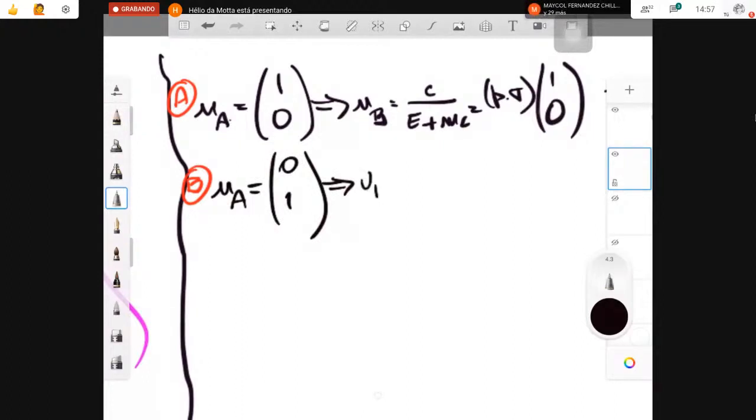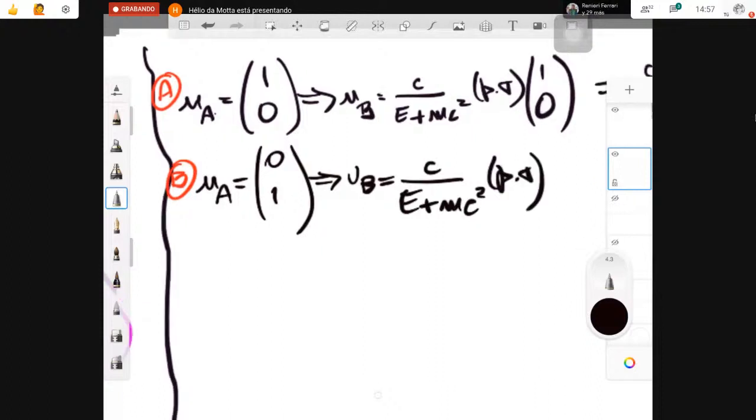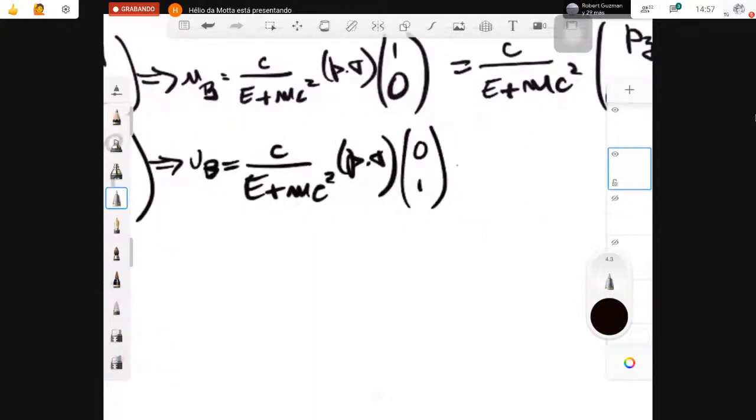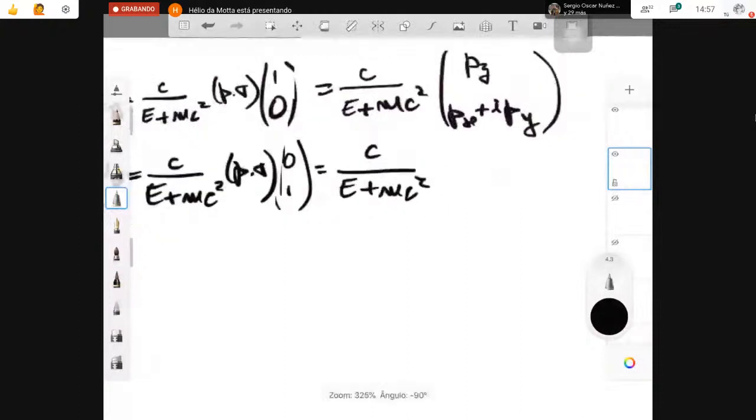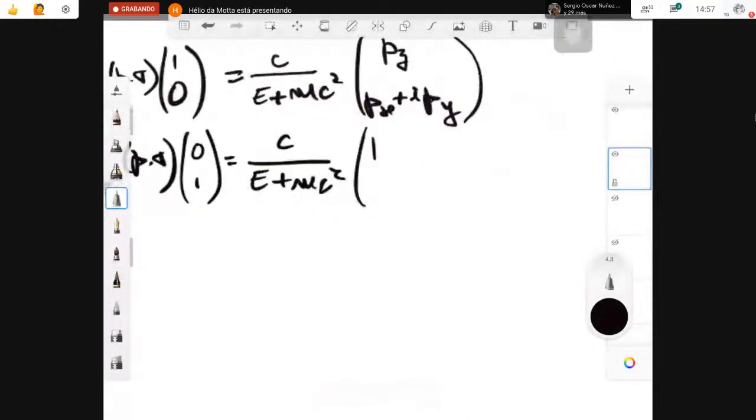No, doesn't work. c(E + mc²), the same thing. And here we have 0, 1. So this is equal to c(E + mc²), and it will be p_x minus i p_y, minus p_z.